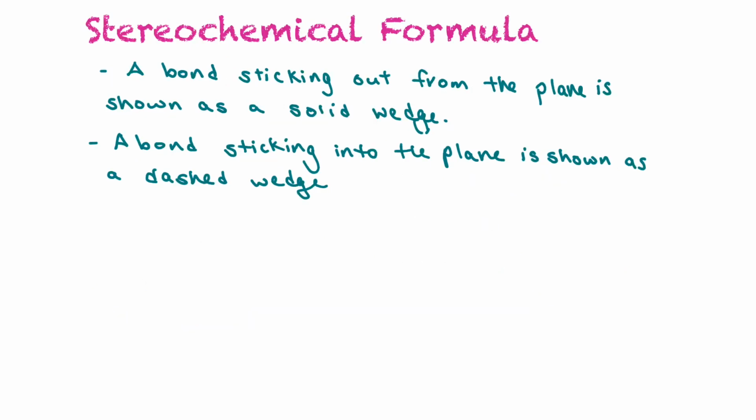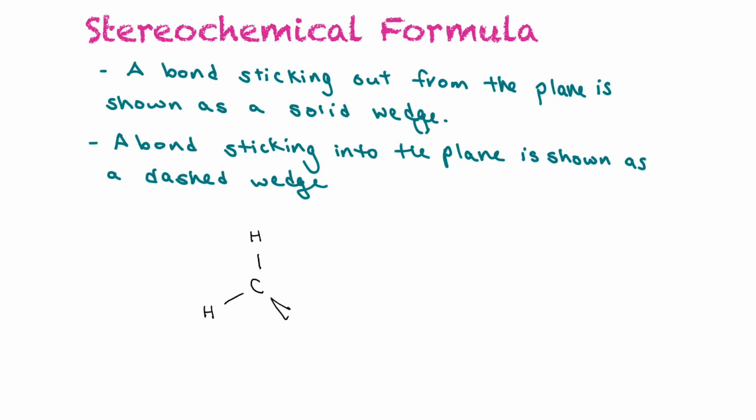How to draw a stereochemical formula? A bond sticking out from the plane is shown as a solid wedge, and a bond sticking into the plane is shown as a dashed wedge. If we were to draw methane, for instance, we would put our central carbon, one bond sticking straight up, one going off here.